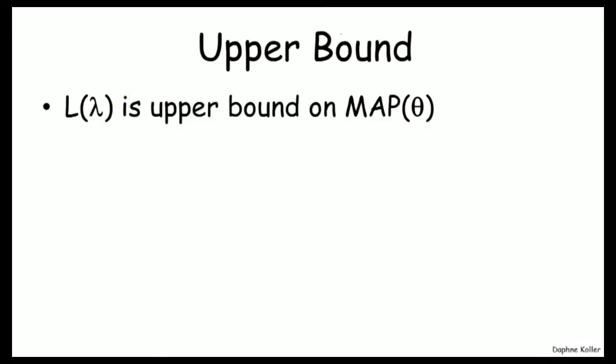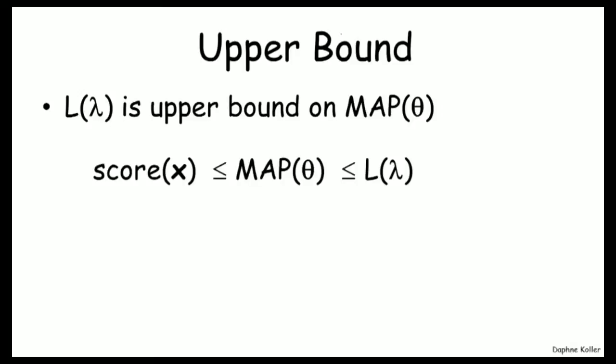Now, the other nice aspect of this analysis comes back to a point that we made earlier in this module, which is that for any lambda, this function that we defined as L of lambda is an upper bound on the value of the true MAP assignment. Now, what does that imply?